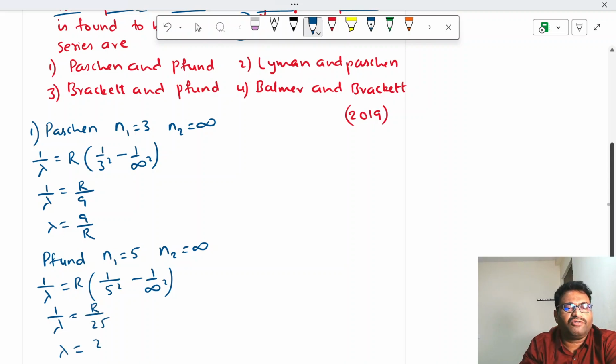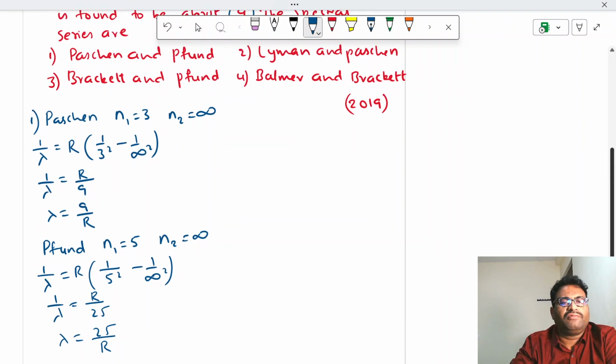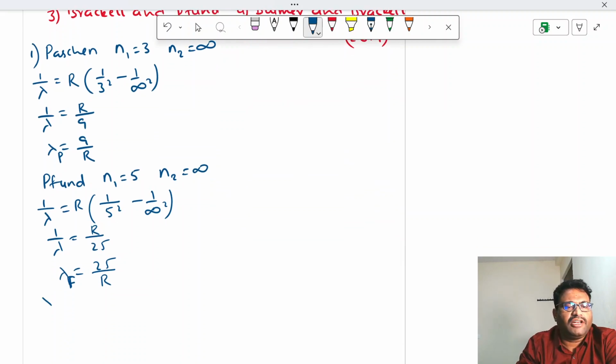Lambda is equal to 25 by R. If you derive the ratio, let us take P for Paschen and F for Pfund. Will lambda P by lambda F, or lambda F by lambda P, be equal to 9?